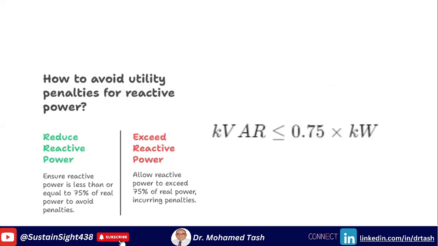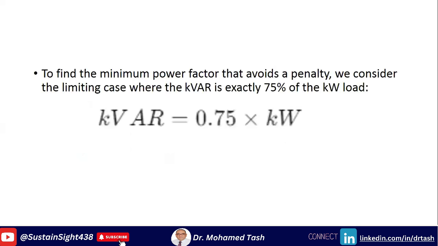So here the utility penalizes the customer for every kVAR in excess of 75% of the real power load. This means that to avoid a penalty, the amount of reactive power must be less than or equal to 75% of the real power.